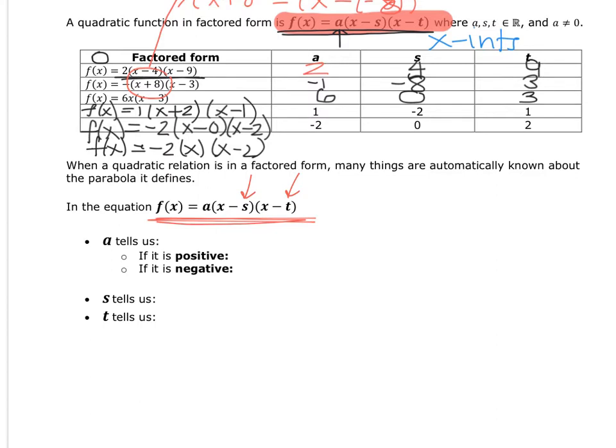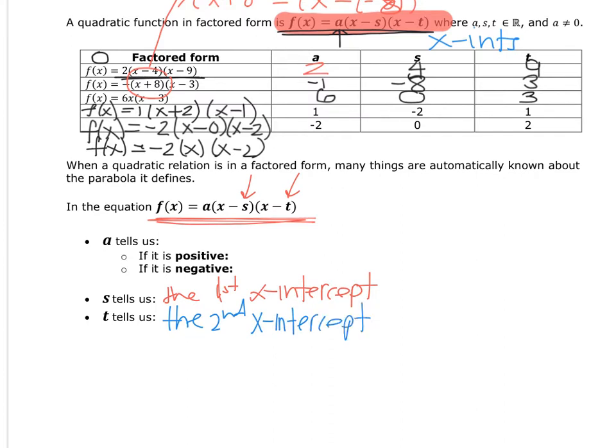S and T tells us the first x-intercept. Sorry for my writing, it's hard to write on this thing. And T is going to tell us the second x-intercept. Order's not important.